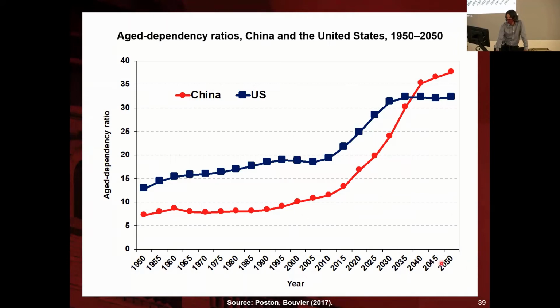And the projections for China in the next decades show that the proportion of older people, those with at least 65 years of age, keeps increasing in a really steep manner in comparison to people in working ages, even more than in the US. It will surpass the US around 2035, right?